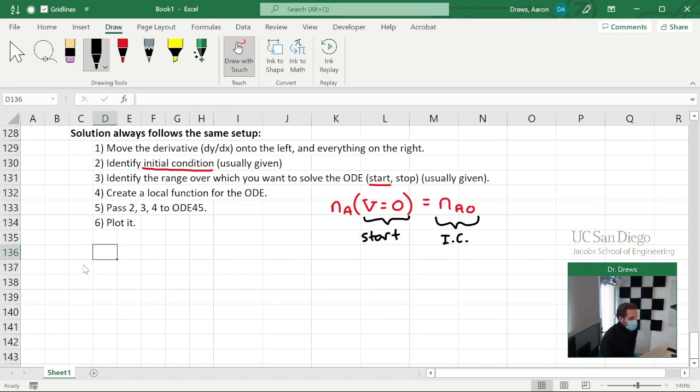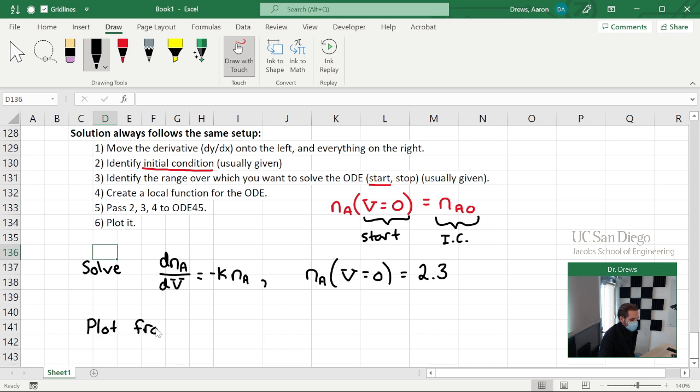So what we're going to do is switch over to MATLAB, and we're going to solve that expression that we just saw a moment ago, which is dNA/dV is minus kNA. The initial condition, we'll actually pick some values here. So NA at V equal to 0, we'll set that equal to some number like 2.3. That's what we want to solve. And then we want to plot over the range from V equal to 0 to V equal to 4.